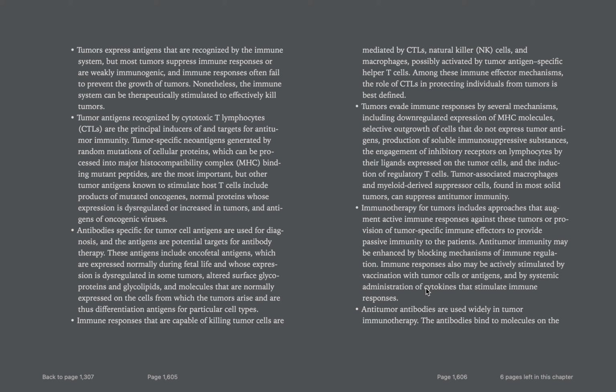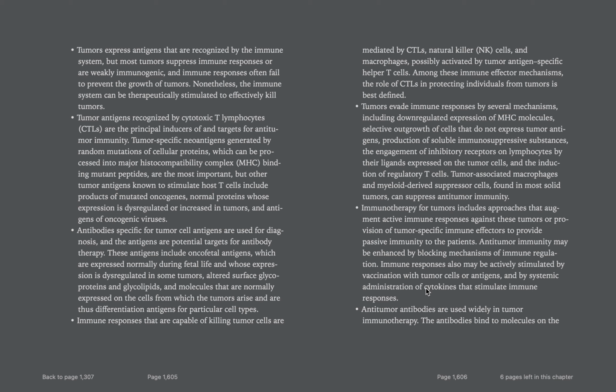Tumors evade immune responses by several mechanisms, including downregulating expression of MHC molecules, selective growth of cells that do not express tumor antigens, production of soluble immunosuppressive substances, the engagement of inhibitory receptors on lymphocytes by ligands expressed on the tumor cells, and induction of regulatory T cells.